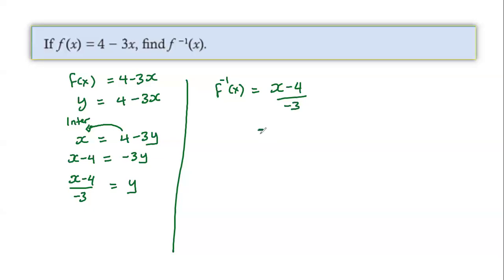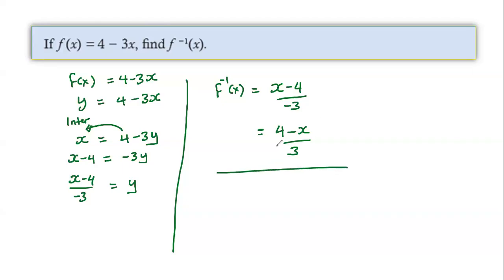That was my answer. Okay, thank you. Now, members, are you seeing this negative 3 down? You can rewrite this equation in a beautiful way as 4 minus x out of 3. That one is also very fine. Thank you, Deborah.